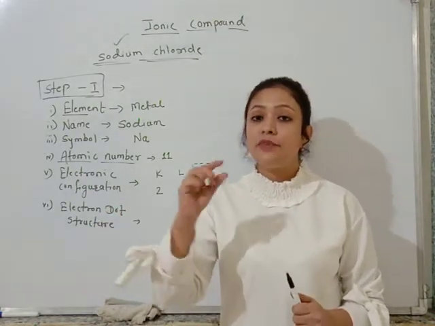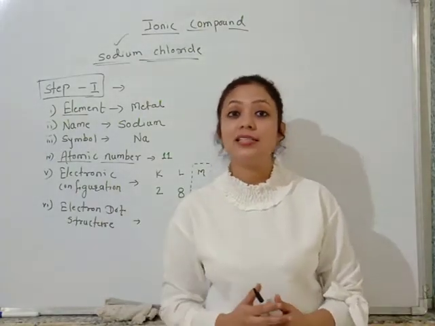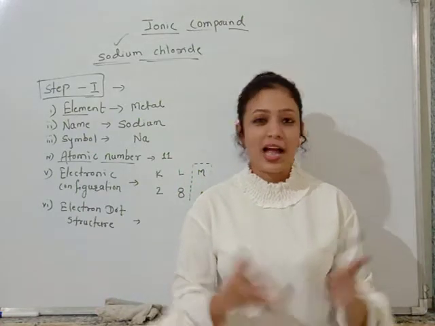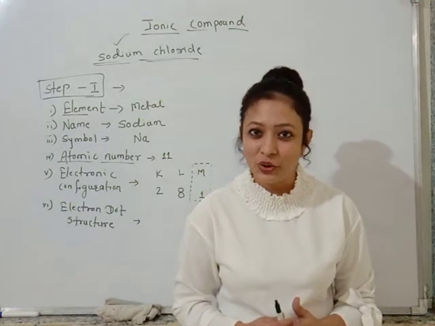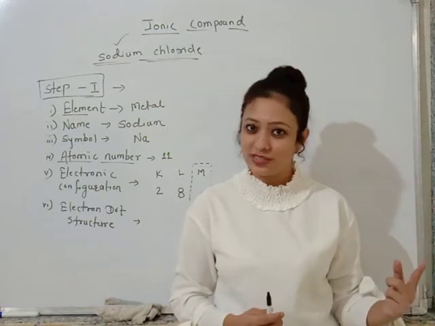First of all, we have to find out how many valence electrons are present in that atom. And children, you know very well what is meant by valence electrons: the number of electrons present in the outermost shell.